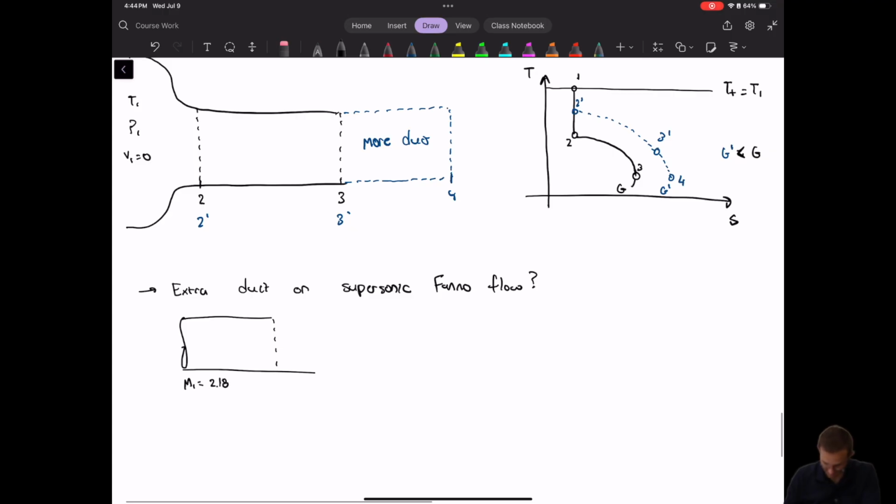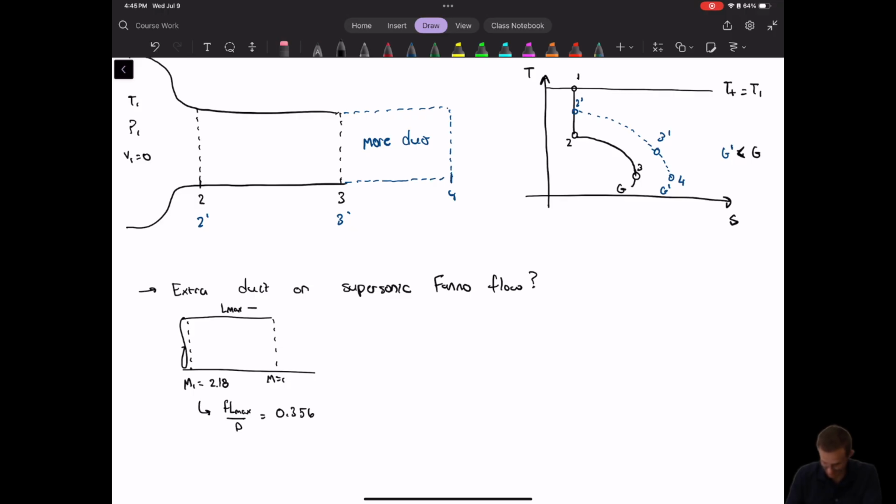Okay, from the tables you get an fLmax over D of 0.356 in that case. And let's say that this distance between state 1 and this next state that I'm noting here, so this is n equals 1, we're going to say that that's Lmax.